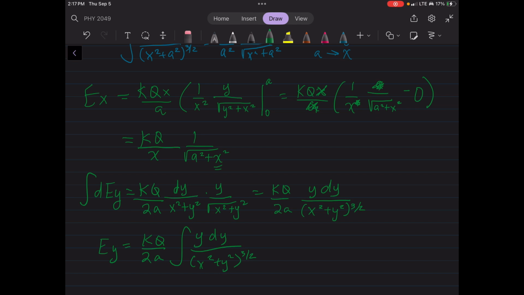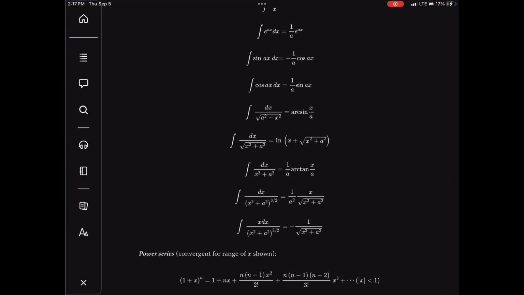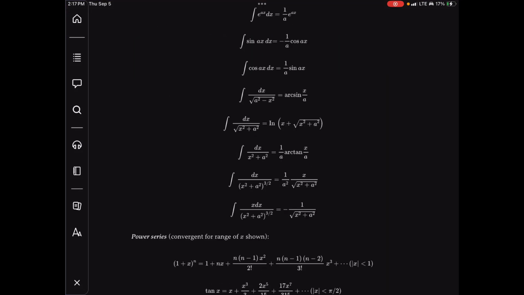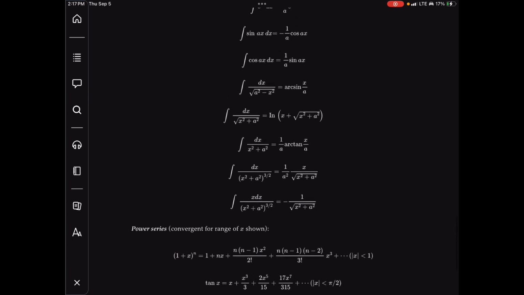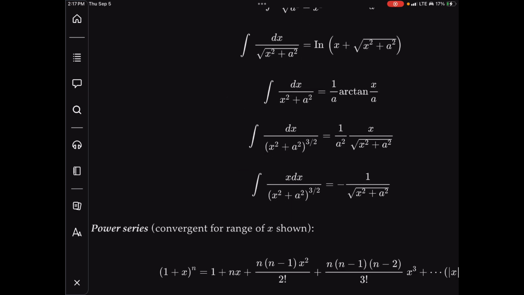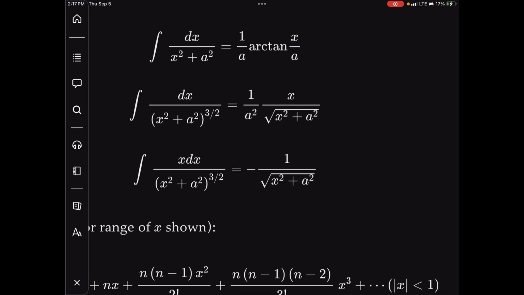Let's go and see what that integral is. Here's the back of your book. Okay, we're in Appendix B, and we're looking at that last integral here, because we have the variable of integration in the numerator: x divided by x squared plus a constant squared to the 3/2.